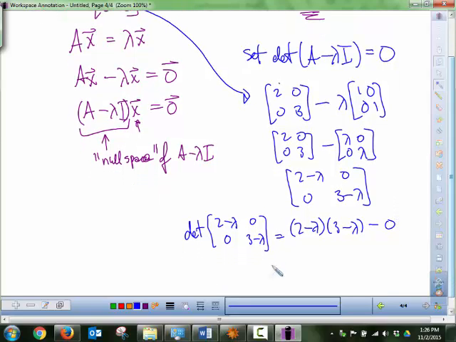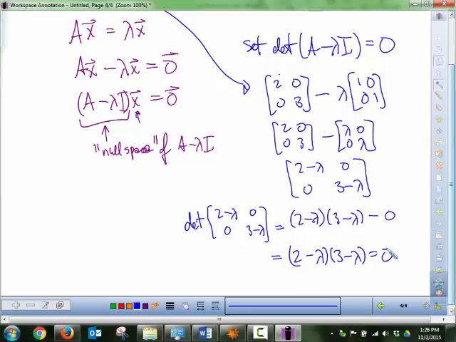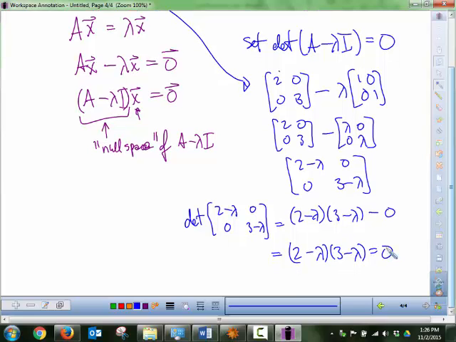But fortunately for us, we don't have to. The whole point is to solve for when this determinant is equal to 0. The way to do this is that if you can, you factor it. Since we don't have another constant out there, we just factor this and get lambda is equal to 2 and lambda is equal to 3.